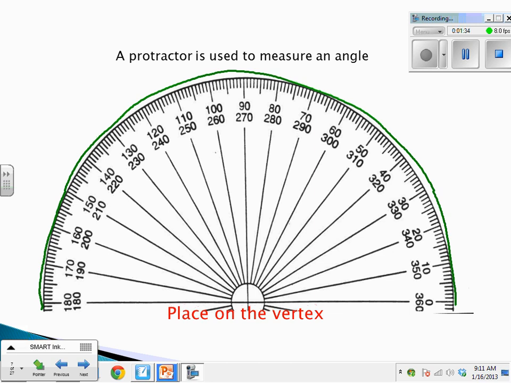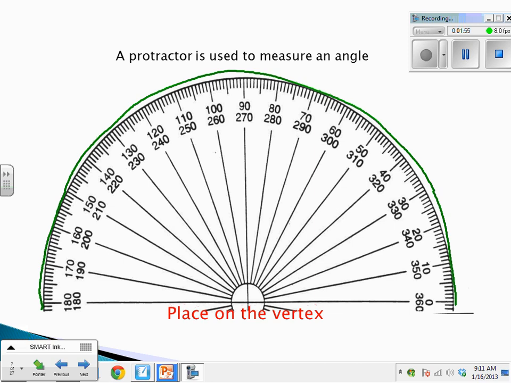And if I want to draw a 30-degree angle, what I'm going to do is take my pencil, and I'm going to make 3 points.